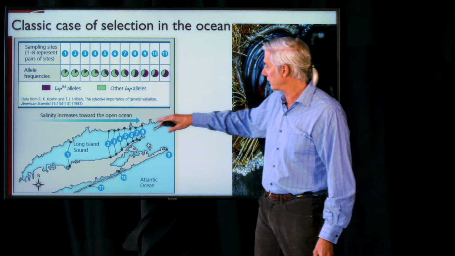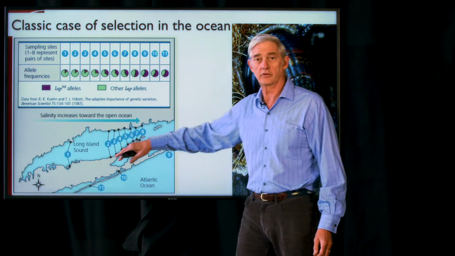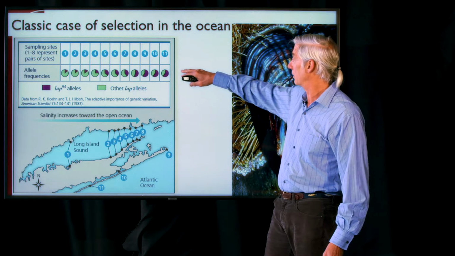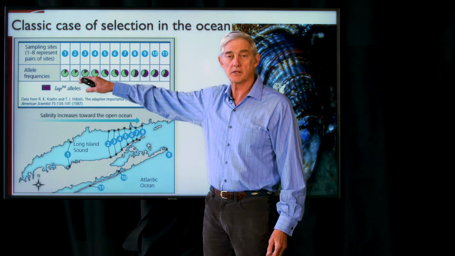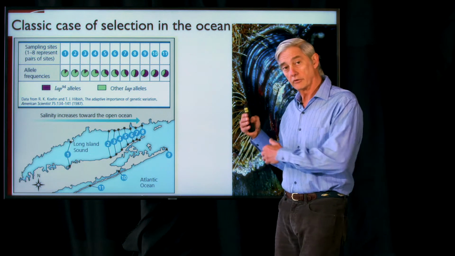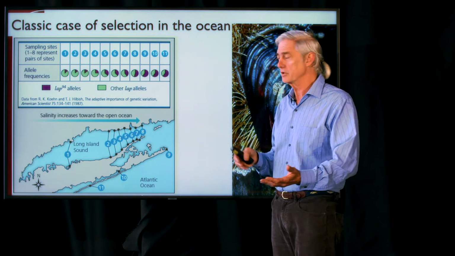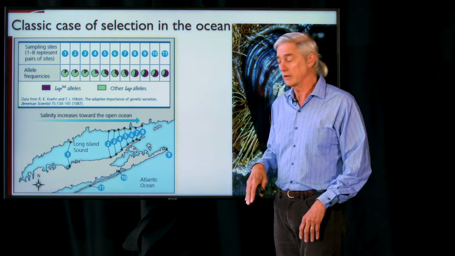But as you walk into Long Island Sound and get further and further deeper into the sound, the frequency of that particular 94 allele goes from about 50-50 down to only about 10 or 15% in the population. So there's a strong cline, just like we saw in lactate dehydrogenase. It's graphed differently here, but it's a cline nevertheless.